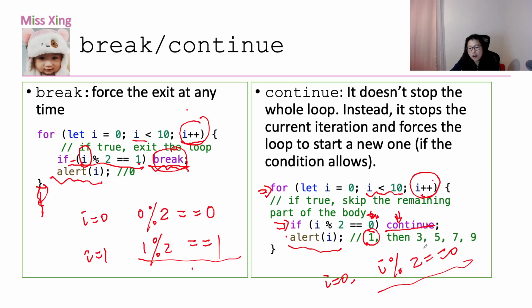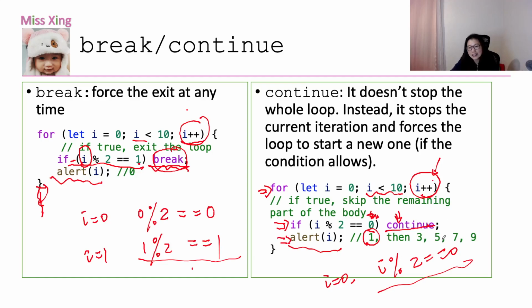Continue skips all the remaining statements in the loop body. Then the step makes i equal 3, 3 is less than 10, and 3's remainder of 2 is not equal to 0, so we execute and alert 3.